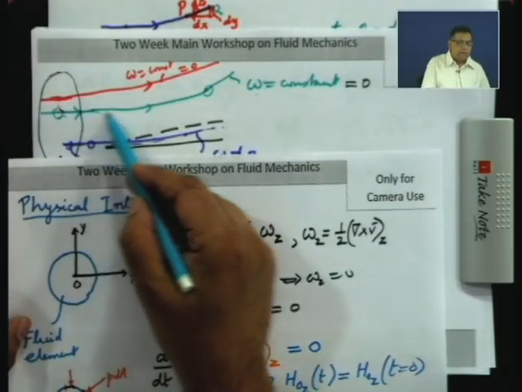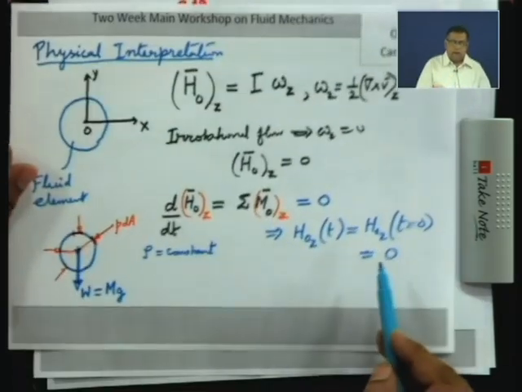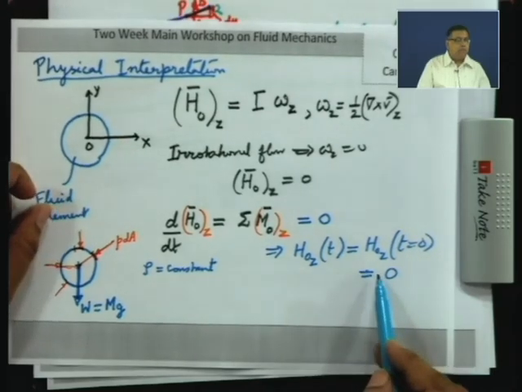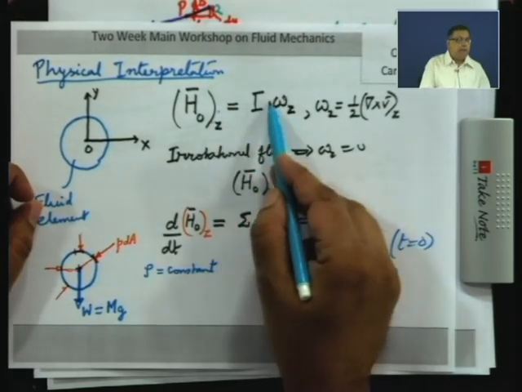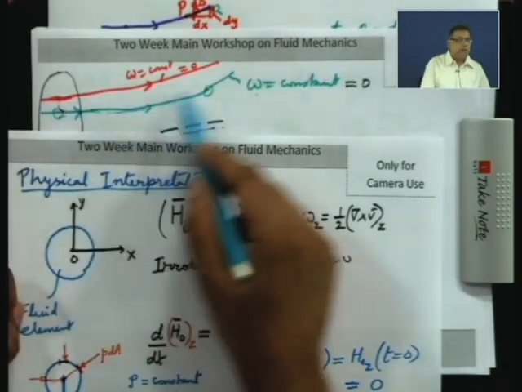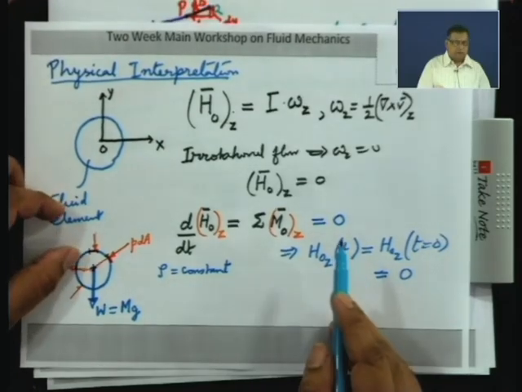So, at t equal to 0 the particle was here, at a later instant of time the particle has moved this way. So, your h O is going to be 0, which means omega z is 0. So, vorticity will be conserved along this particle and it will remain irrotational, that is, the value of the vorticity will be 0.